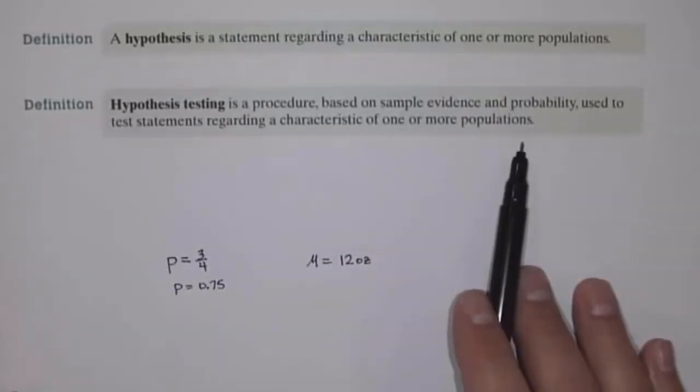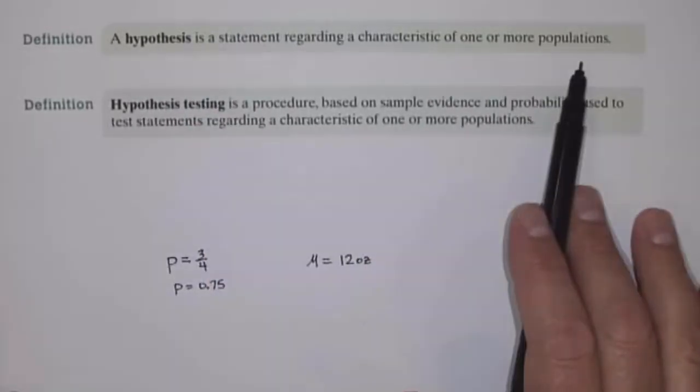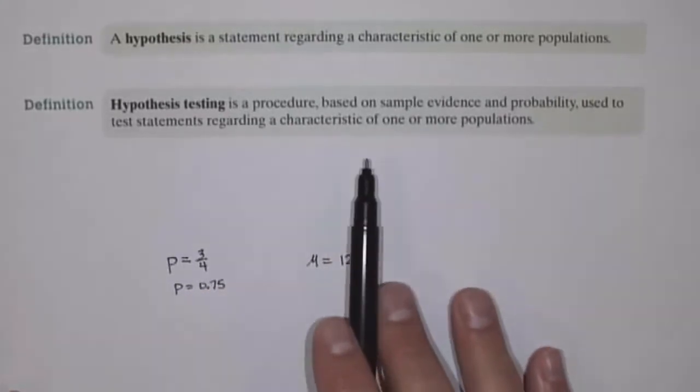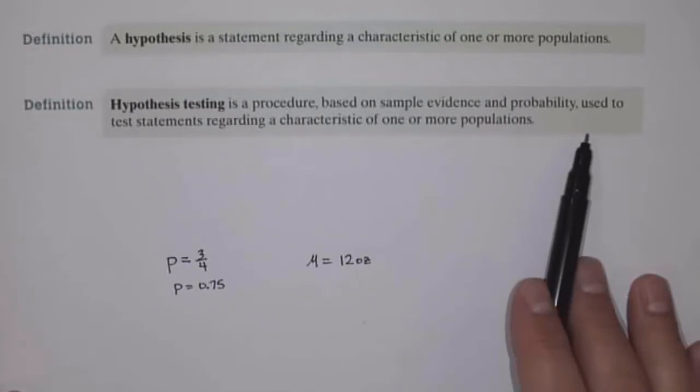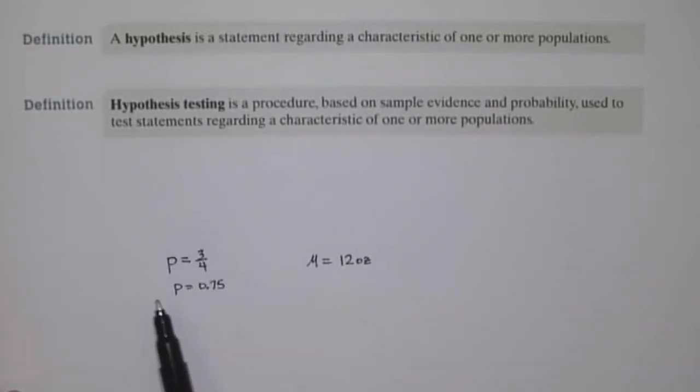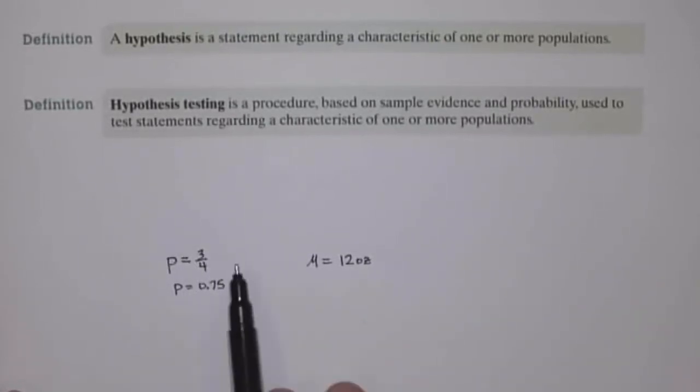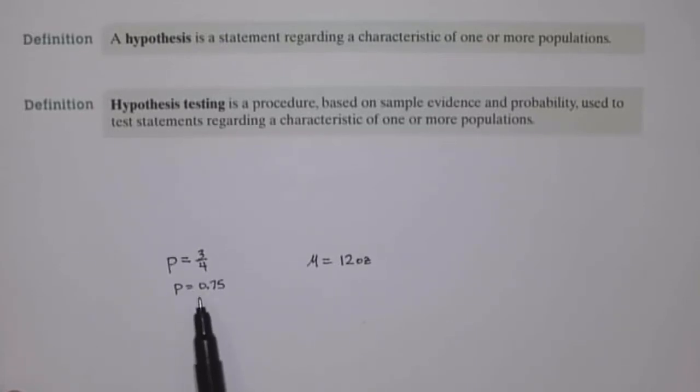So that last part of that definition was what a hypothesis is. So we're going to be testing a hypothesis using sample evidence and probability. So again, we're going to gather a sample and we're going to see if our sample supports that 3 out of 4 dentists actually recommend this particular toothbrush or not.